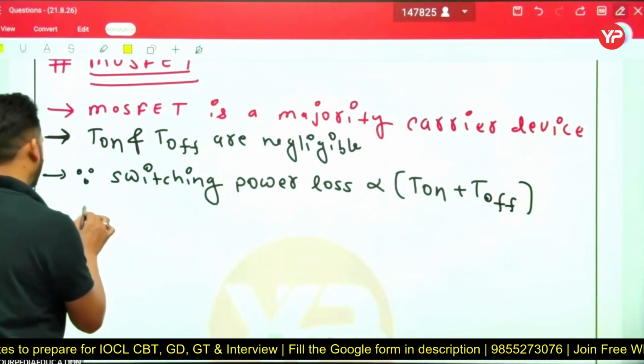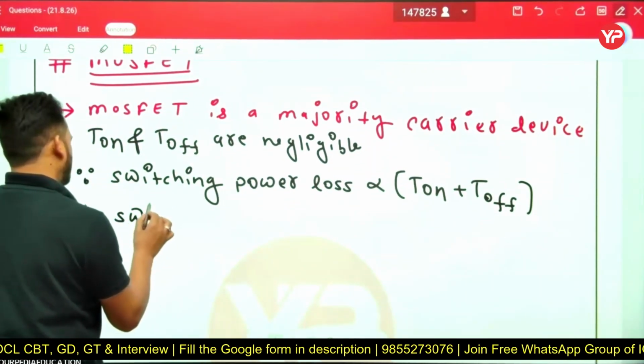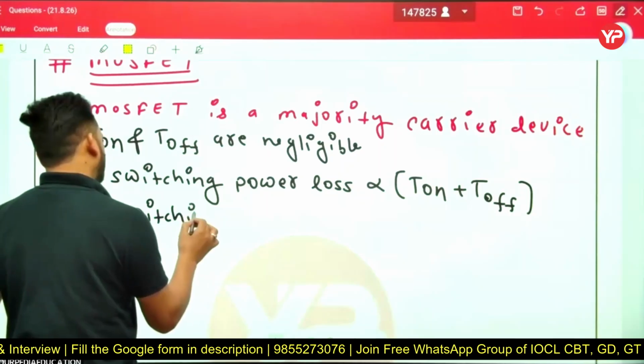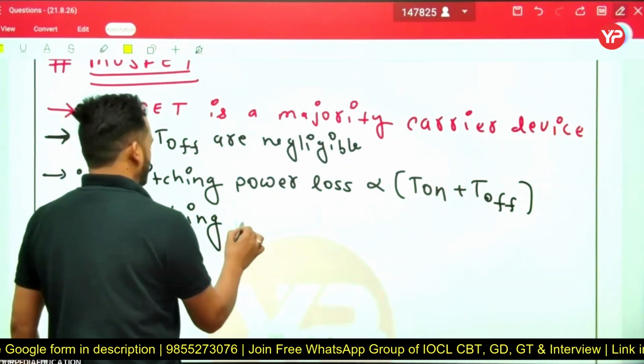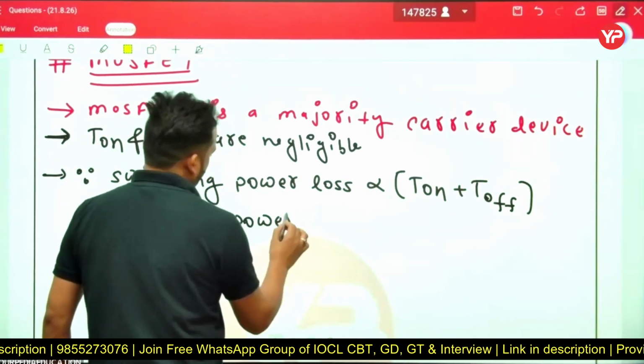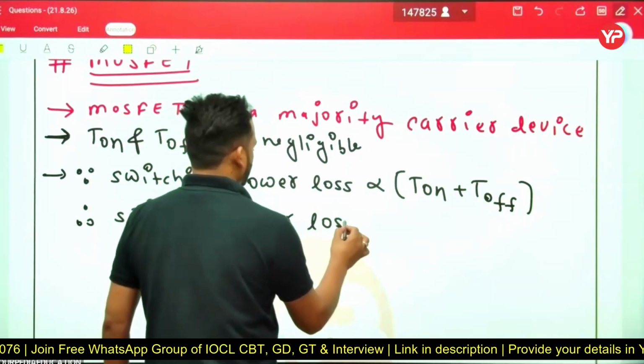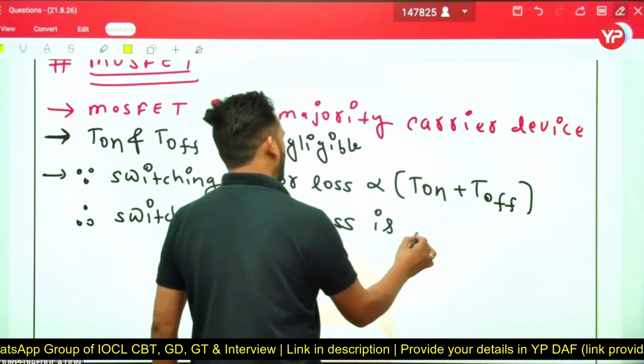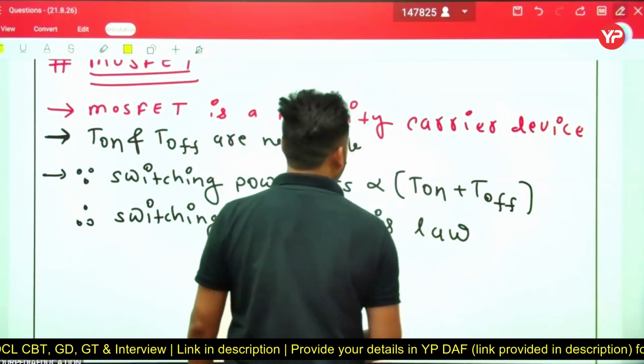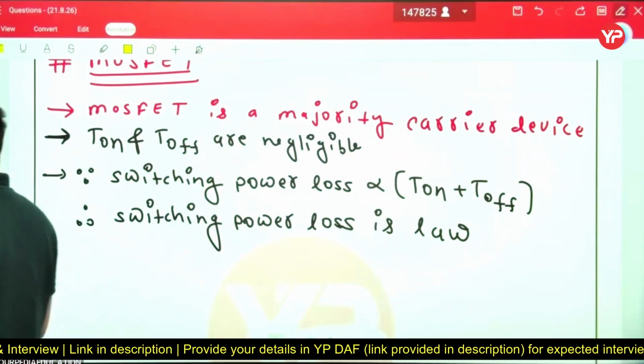Hence, switching power loss is low, or negligible, as compared to SCR.